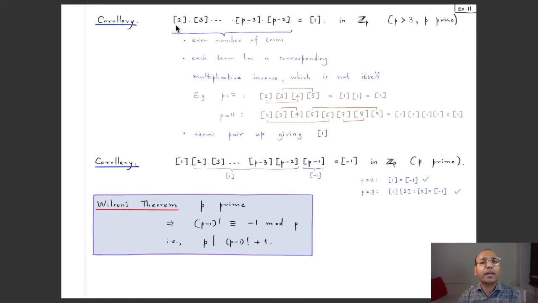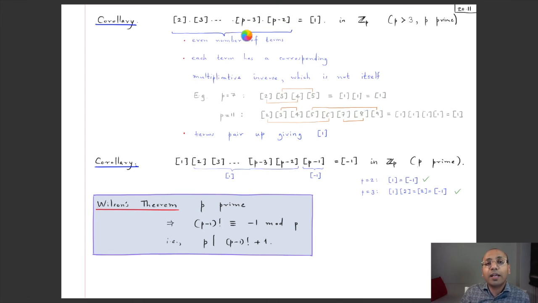So if I take any of the remaining equivalence classes in this list over here, then it will have a multiplicative inverse which is not itself but will appear somewhere else in this list. The multiplicative inverse of any of these elements is of course not equal to 1, because any of these elements multiplied by 1 will give that element itself, which is not equal to 1.